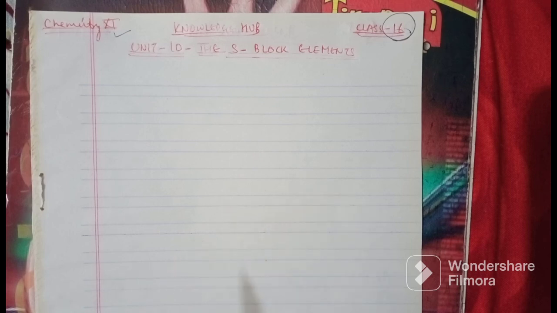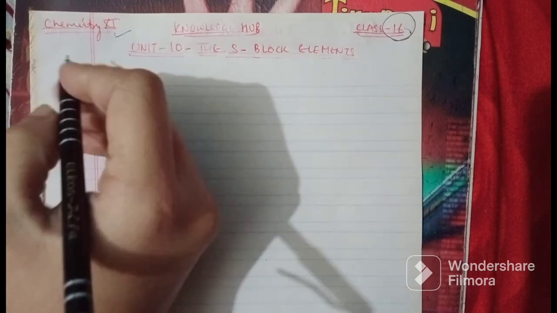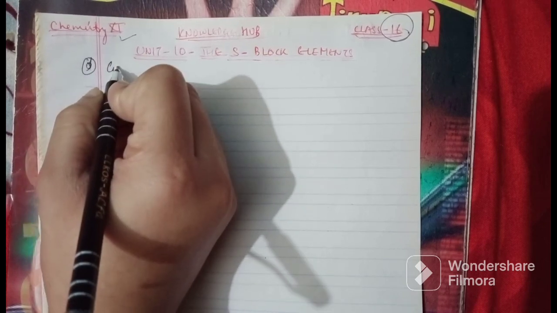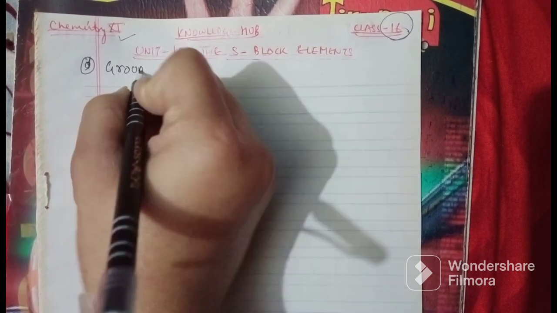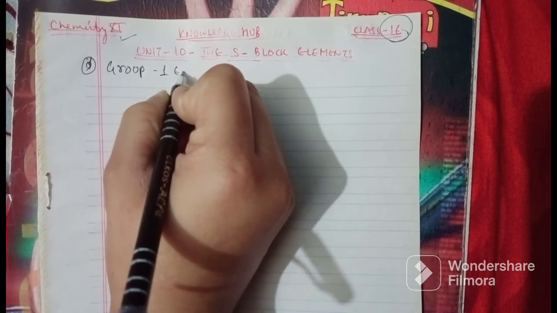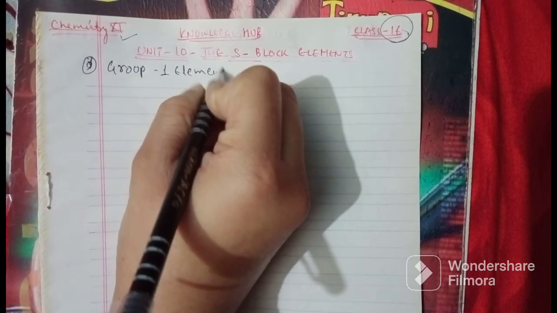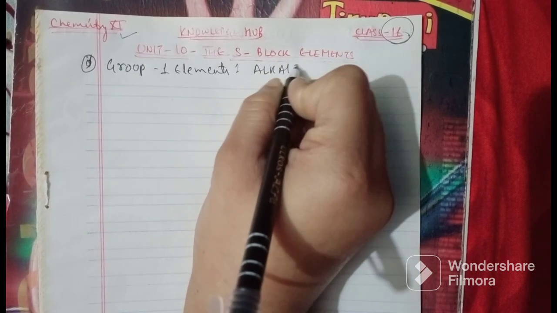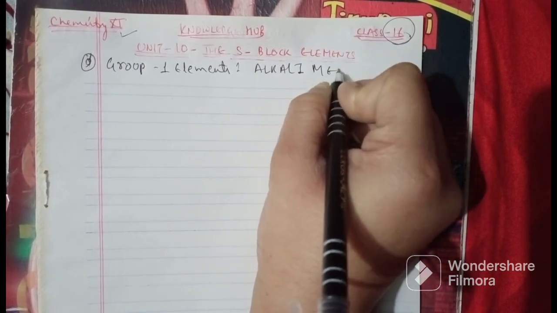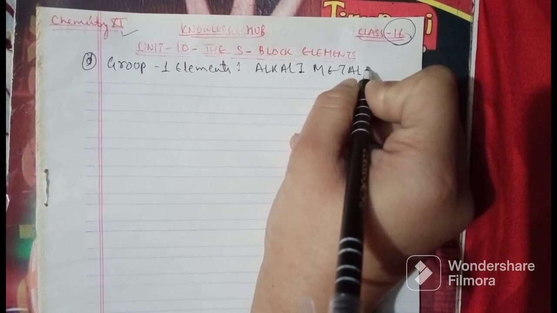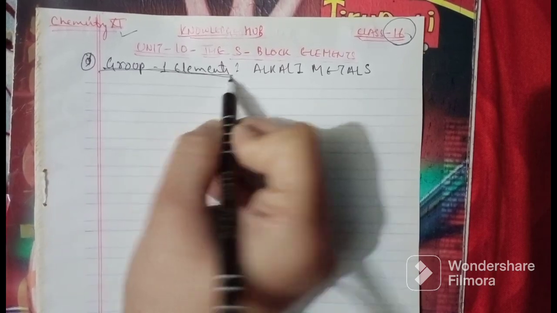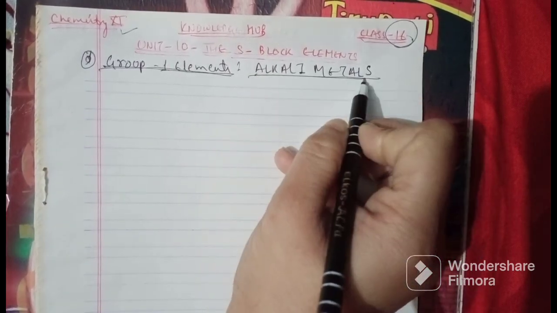Now we talk about the group 1 elements, which are the alkali metals.